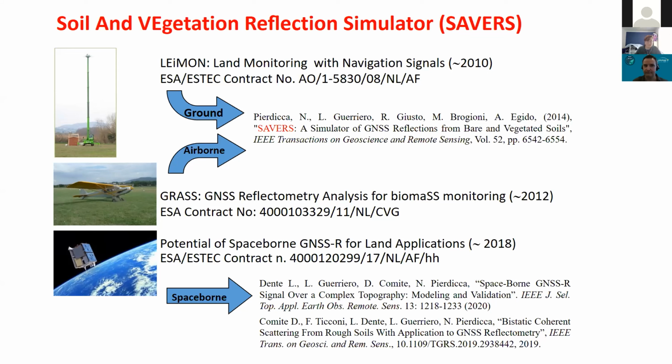Indeed, colleagues from CNR in Florence participated in both Lemon and GRASS campaigns. And the last project was the one involving data from satellites, and so upgrading the SAVERS simulations to satellite height.